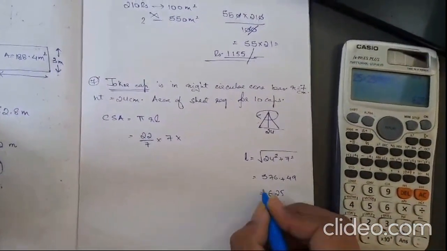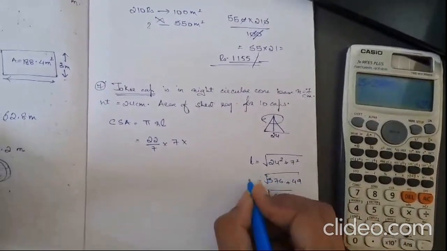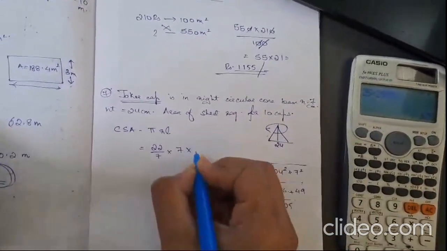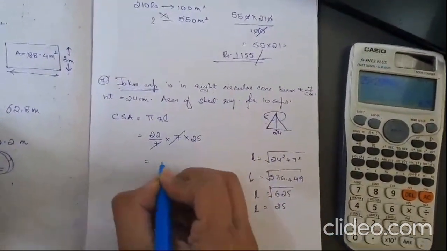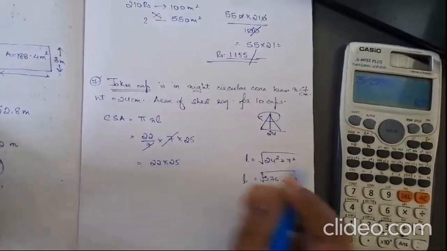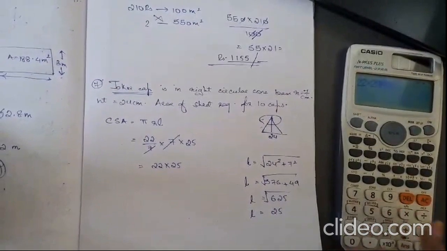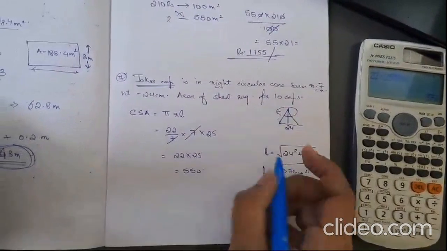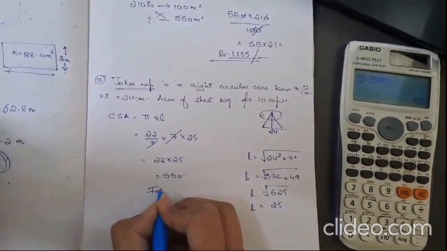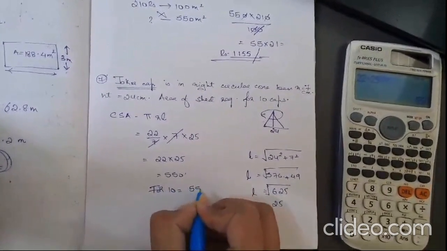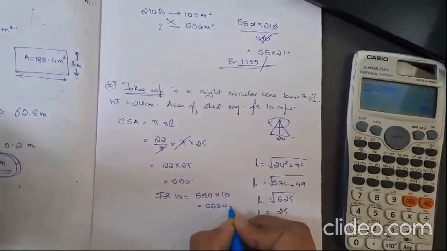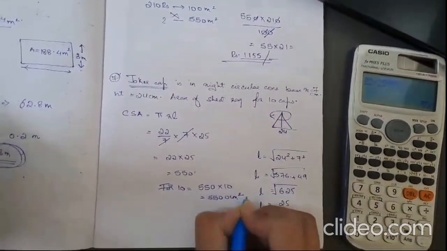Yes, so the L value is 25. I'm putting it down. This and this is gone. I'm left with 22 times 25. 22 times 25 would be equal to 550. And then the area of the sheet required for 10 caps. For 10, it's going to be 550 times 10, which is equal to 5,500 centimeters square.